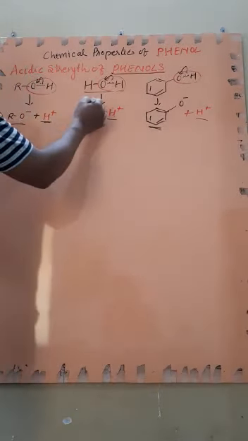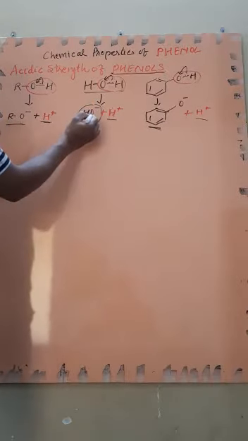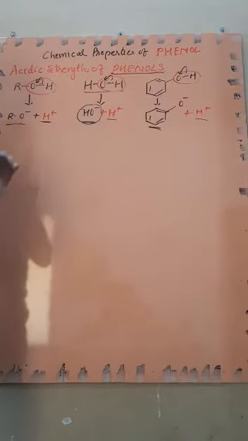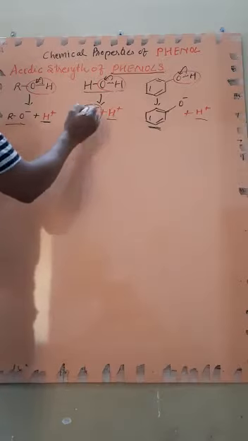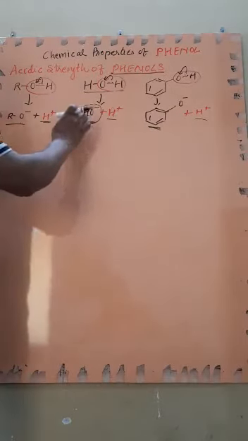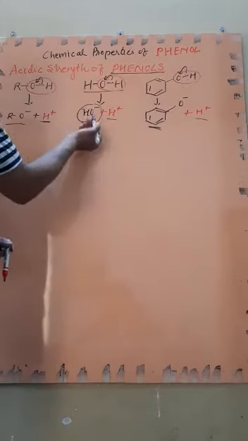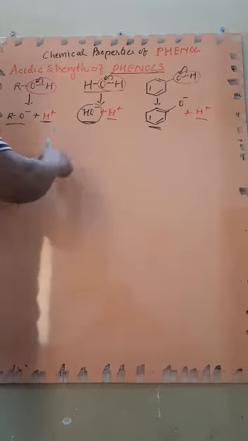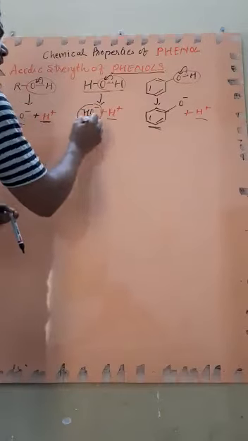Student, in water, the oxygen is attached only with H. This H is very electron deficient; it is neither able to release electron nor gain electron, so it has no effect.